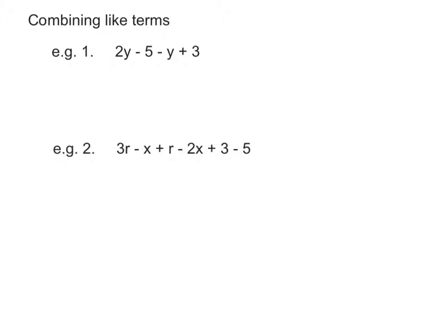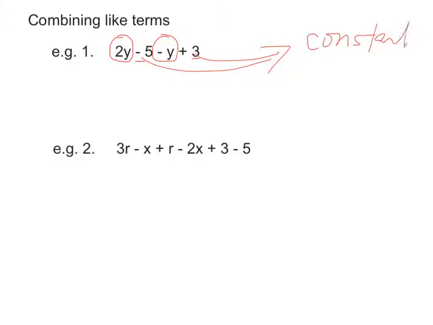Now let's look at these two examples. If we look at the first one, we can see that there are like terms: this pair, 2y and negative y, and -5 and 3. These two altogether, once again, are called constant terms.